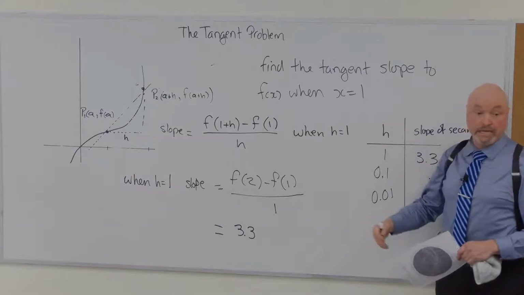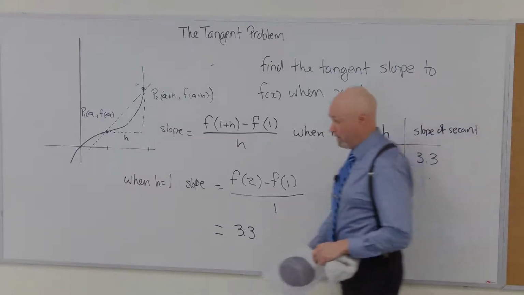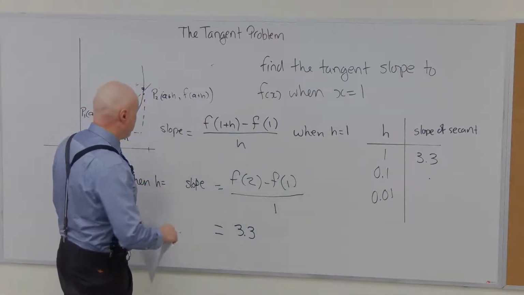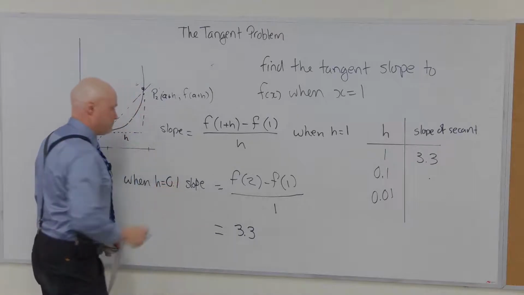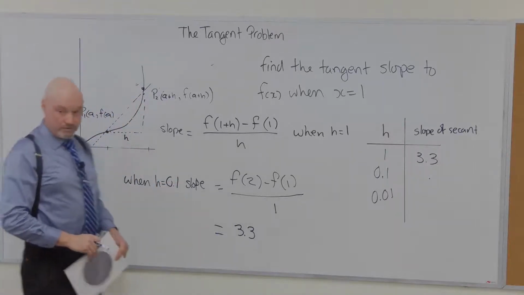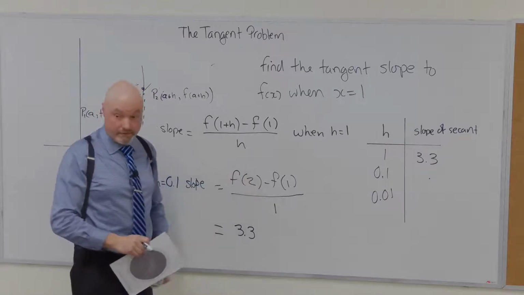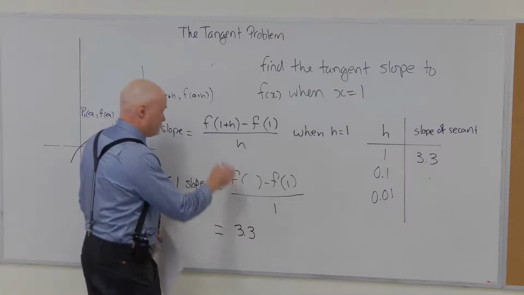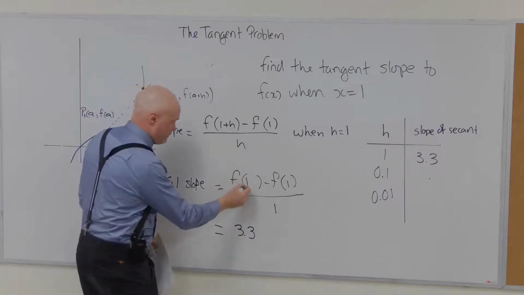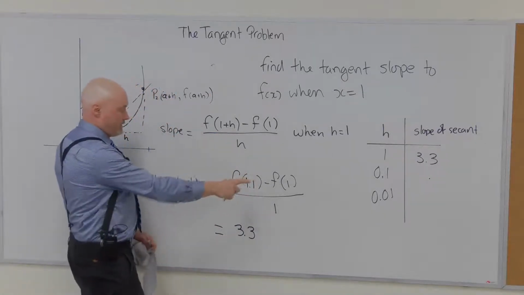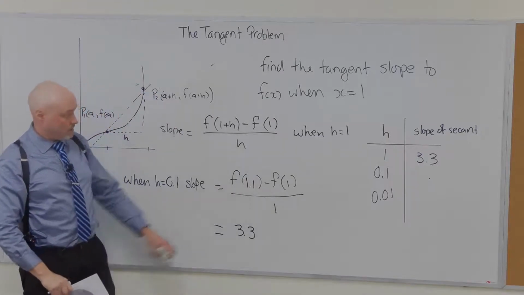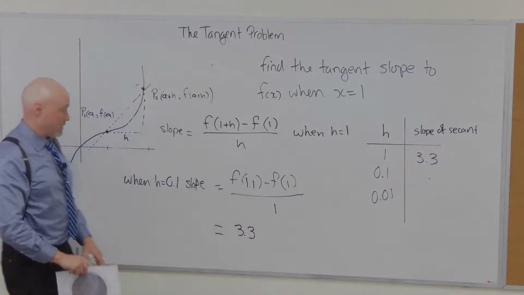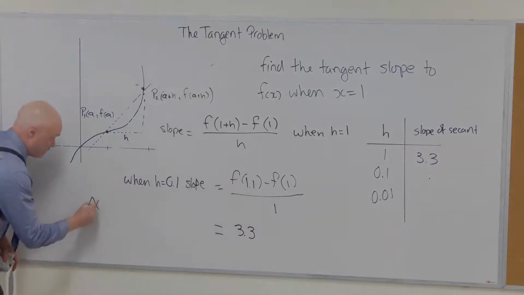Okay? So we're going to take it closer. We're going to shrink h down a little bit. So instead of 1, we're going to use h as being 0.1. So now instead of f at 2, it's f at 1 plus h. So it's going to be f at 1.1 minus f at 1, divided by 0.1.